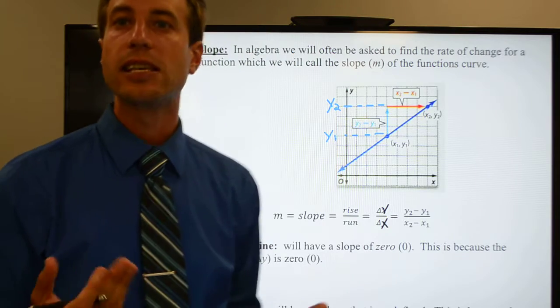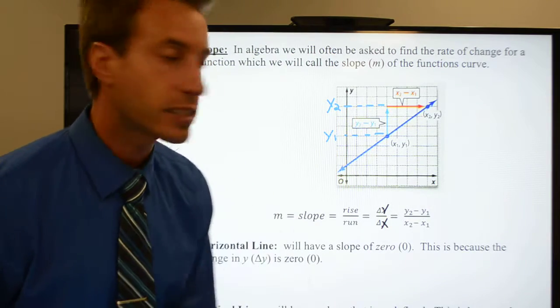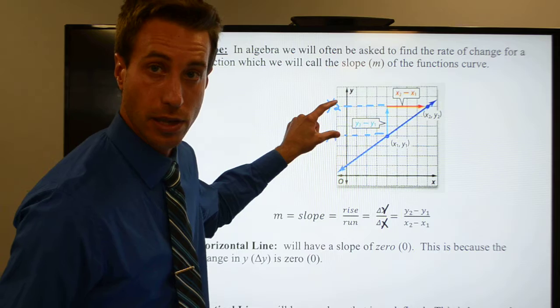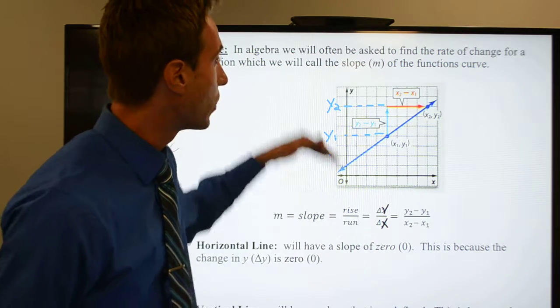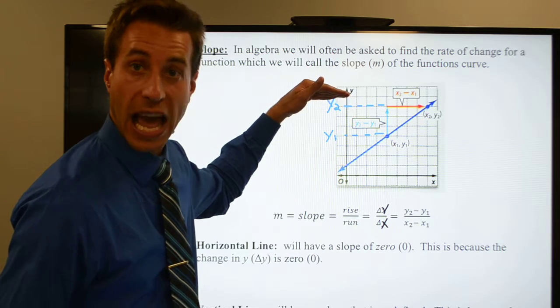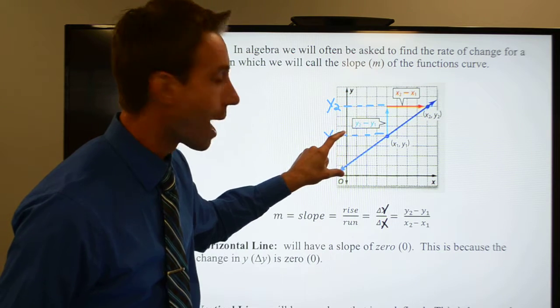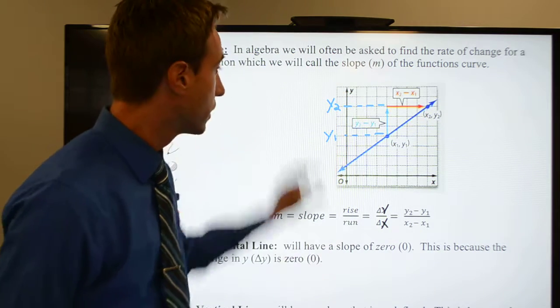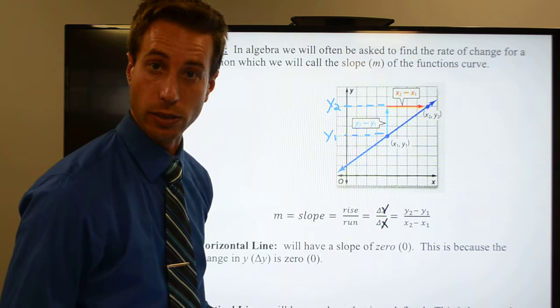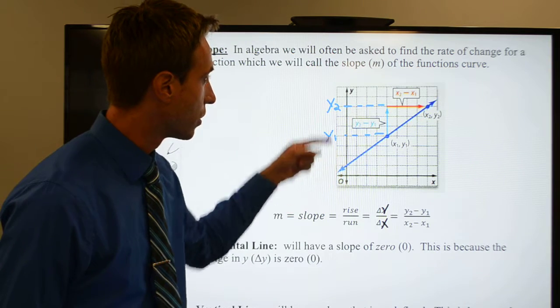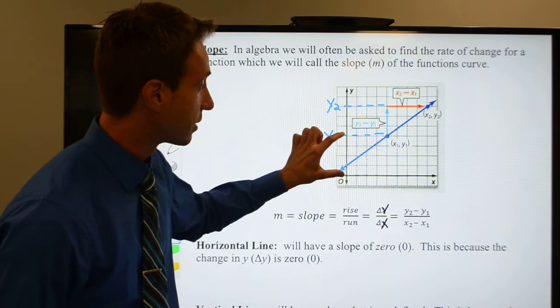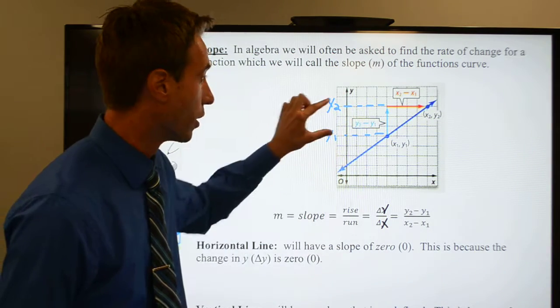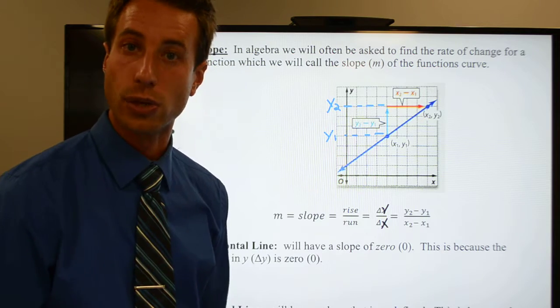And when I'm asking you to find the change, I'm asking you for the difference between these two values, which is why we take y2 and subtract y1, and what's left is the difference between the two, right? Y2 is from 0 to y2, so it's this big distance. I subtract the little distance, and what's left over is the change in y.